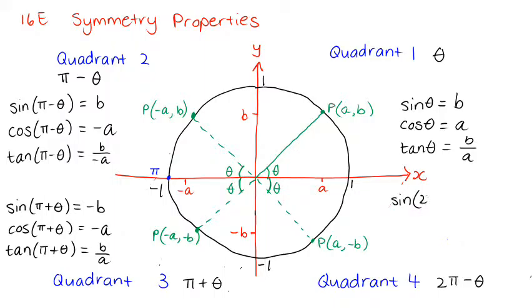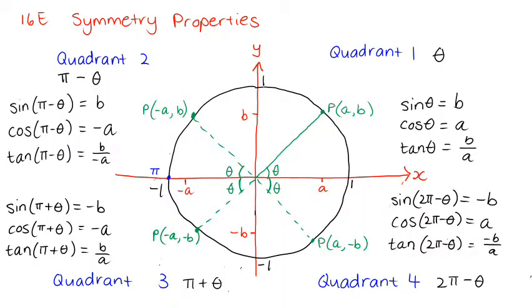So sine of 2 pi minus theta equals negative B, cosine of 2 pi minus theta is A, and tan, yep, negative B on A. So once again, compared to the first quadrant, sine is just the negative, cosine stays the same, and tan becomes the negative.